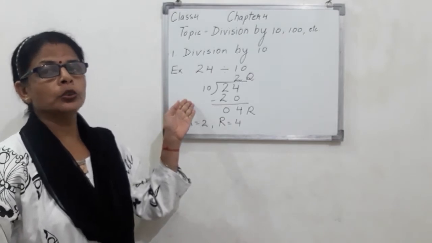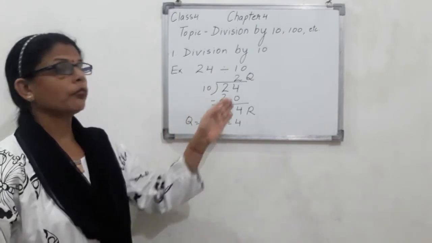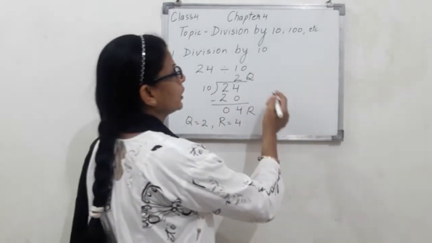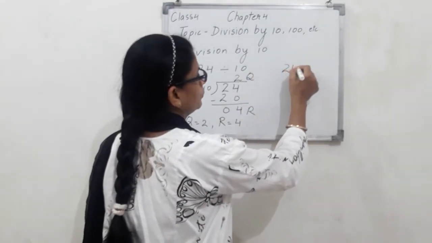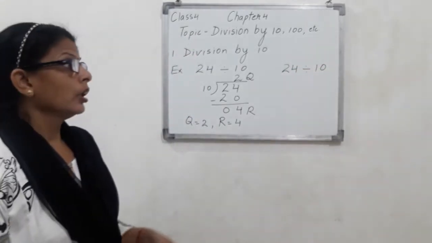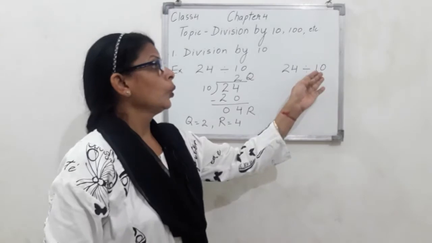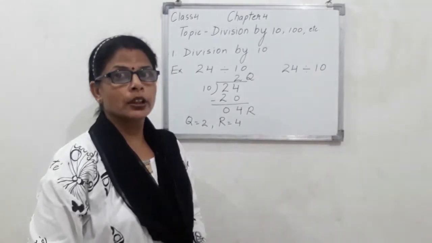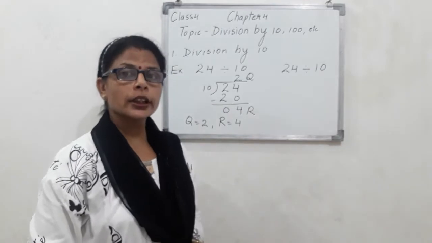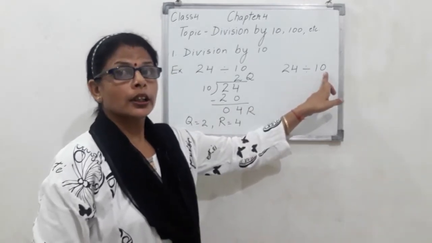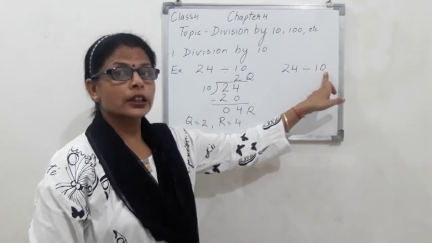But how to do it in a short method when we have to divide by 10? The question is 24 divided by 10. Right? Now we have to see what is given in the divisor. In the divisor 10 is given. And how many zeros are there in 10? 1 zero. Means on the ones place there is 0.